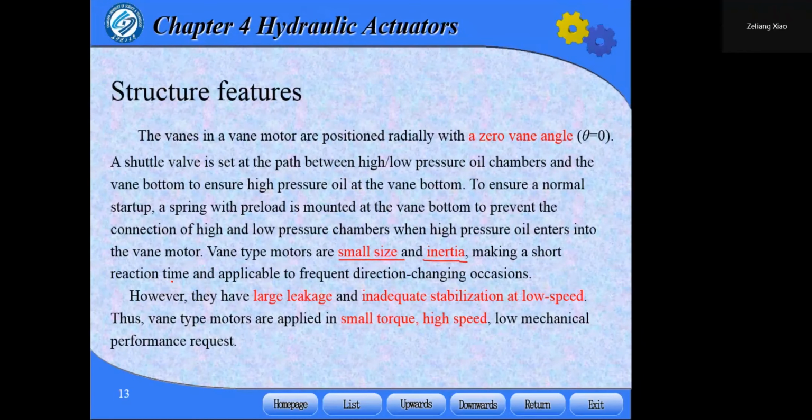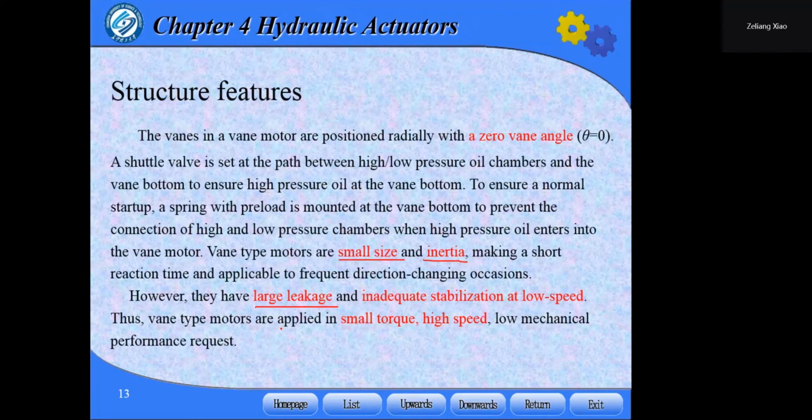However, they have large leakage and inadequate stability at low speed.